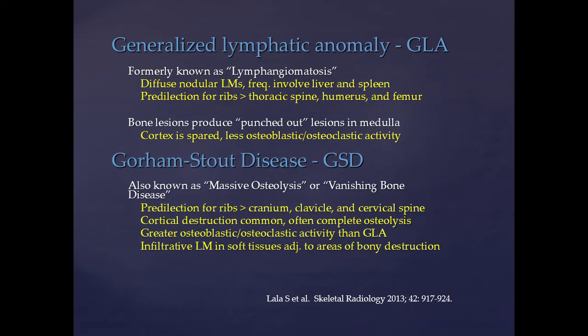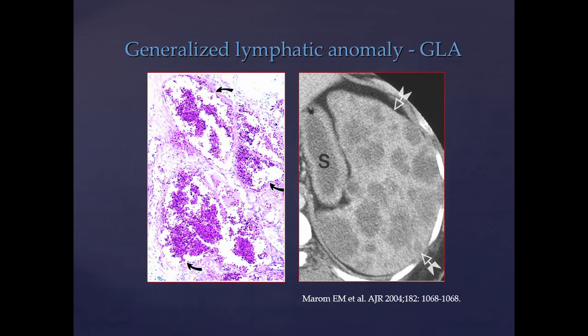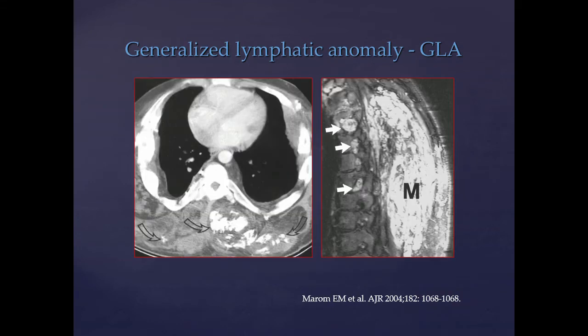And for all intents and purposes, they affect the same areas, they do a lot of the same things, but the Boston Children's group looked at the skeletal features of the two entities and really found some distinct differences. And we'll talk about those more in a second. Here's a nice example of these diffuse deposits of lymphoid tissue in GLA.